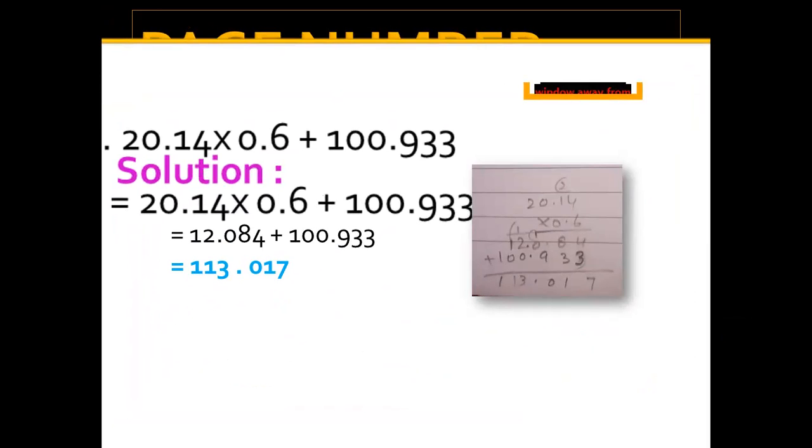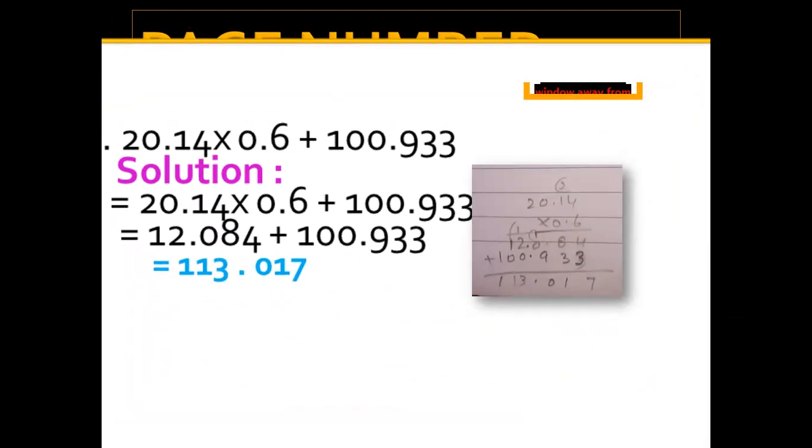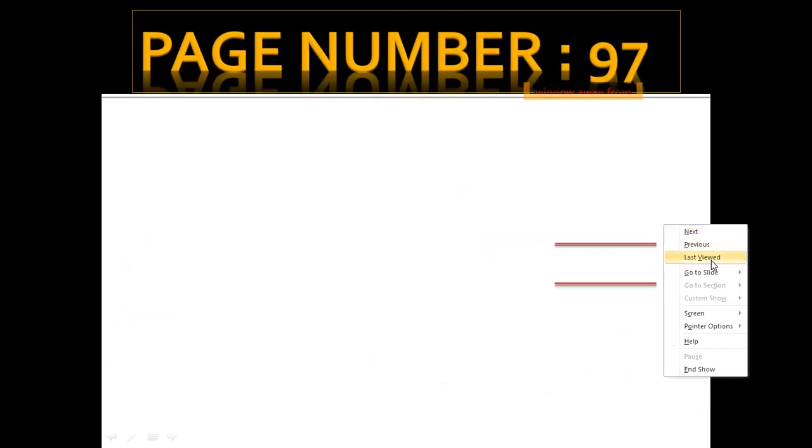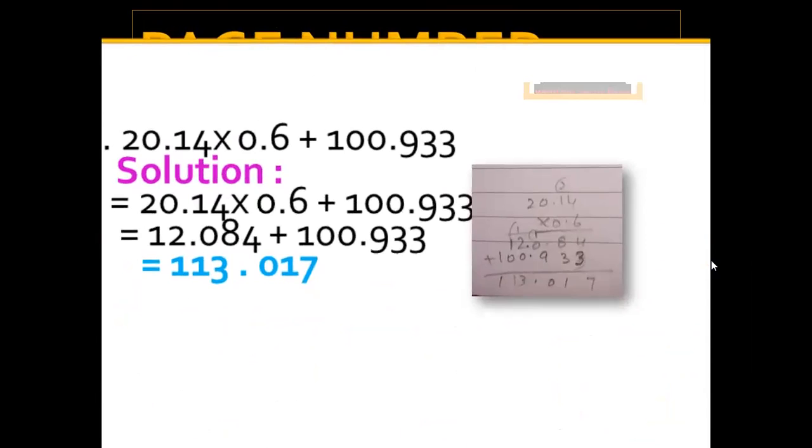So first we multiply and then we add. 20.14 multiplied by 0.6, after the multiplication we have 12.084. And when you add 100.933 to 12.084, the answer will become 113.017.